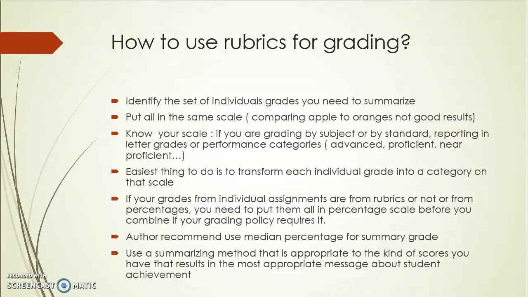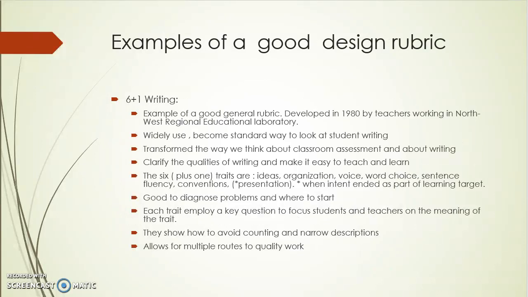So you have to know the scale that your school uses, and if it's by subject or by standard, and then you have to put all the rubric information, or grade, or feedback in the same scale. That's the easiest thing to do, and then you can use the rubric for grading as well.